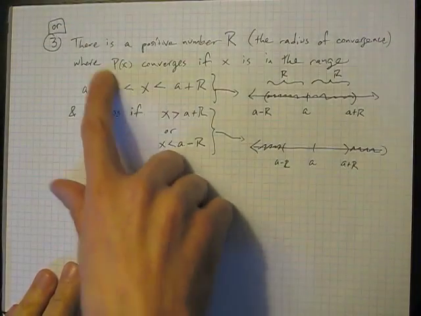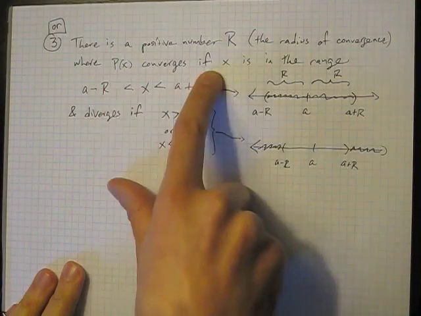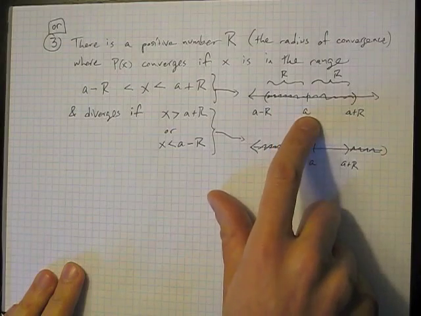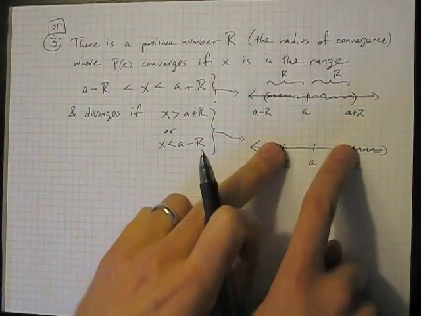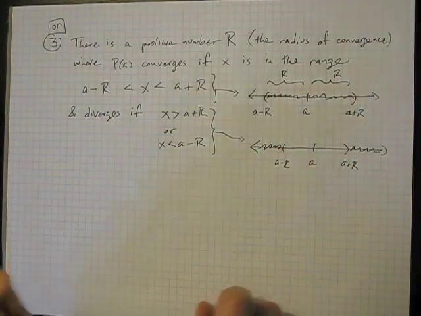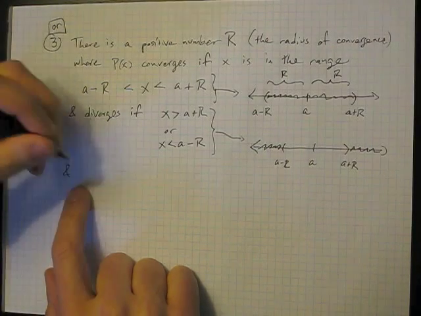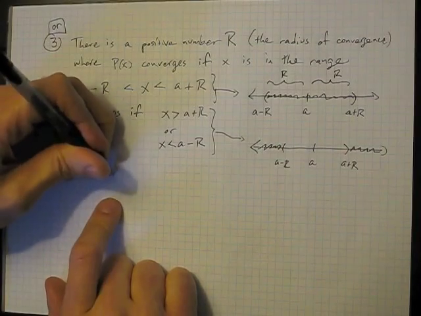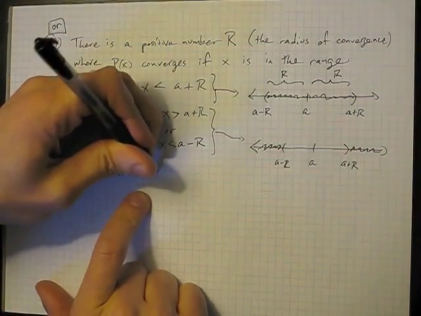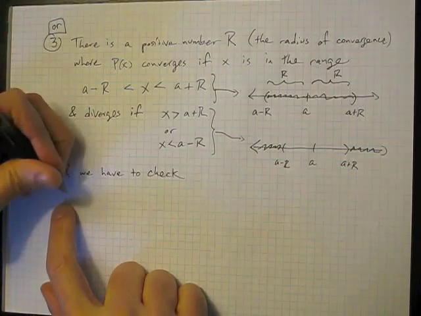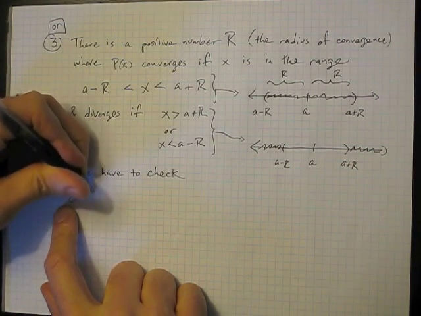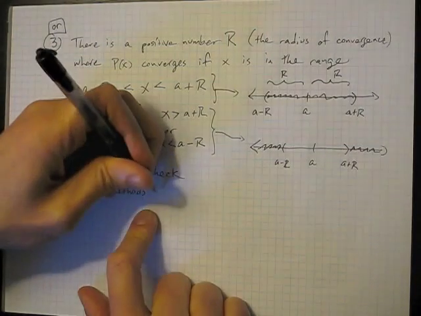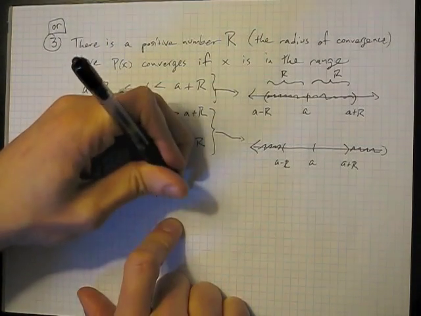Okay, so there's a positive number r where the power series converges if your x value is within r of the center, and it diverges if you're outside of that range from the center. And we have to check by other methods the endpoint case.